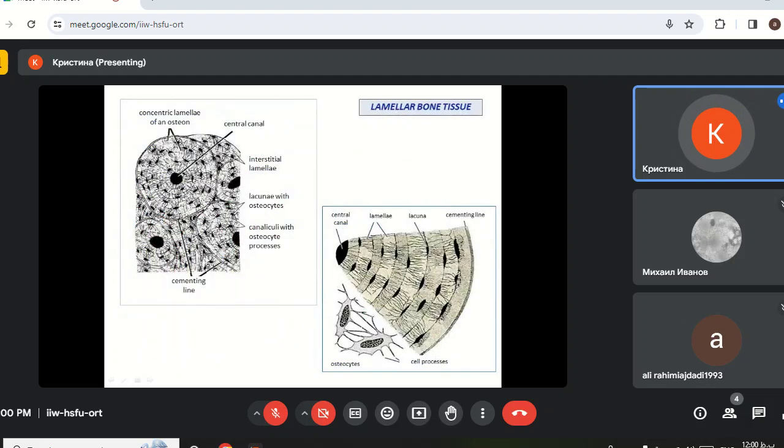So in the osteon, the outer lamella was formed, next this one, next this one, next this one, and this one, which is the closest to the center, is the youngest formed lamella here.